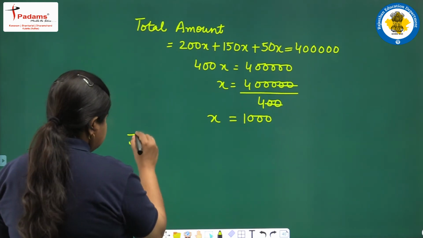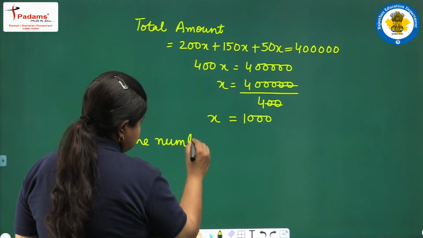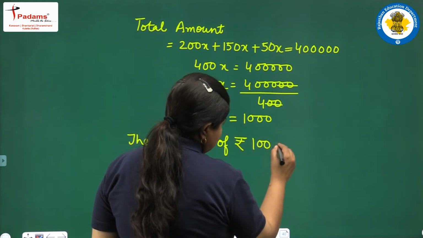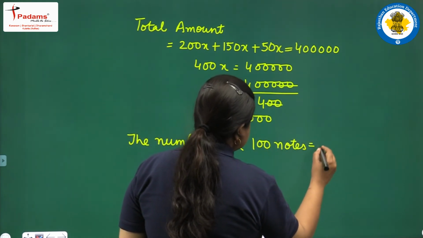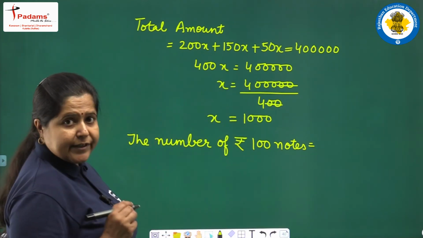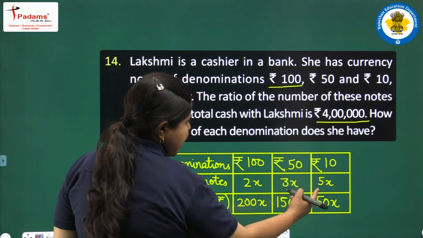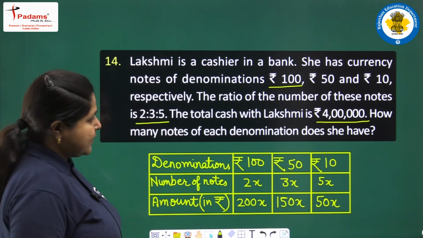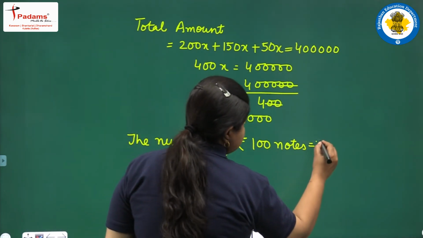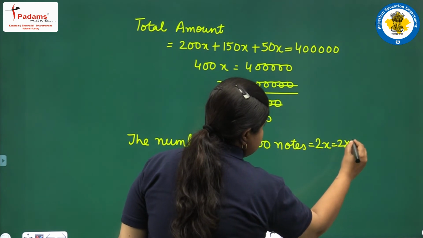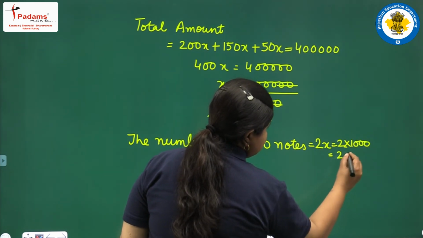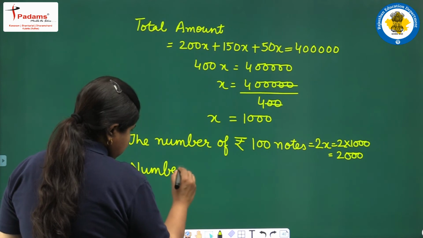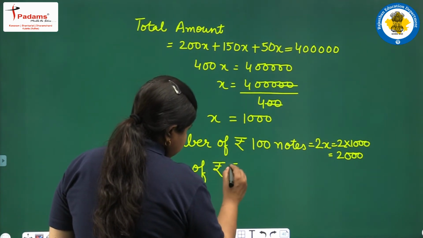This will give us the number of rupees 100 notes equal to, just have a look, the ratio 2x, 3x and 5x. Rupees 100 2x, rupees 50 3x and rupees 10 5x. So rupees 100 will be 2x, that is 2 into 1000 equal to 2000 notes. Then we have the number of rupees 50 notes.